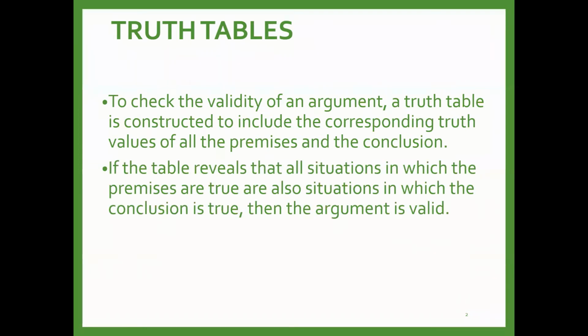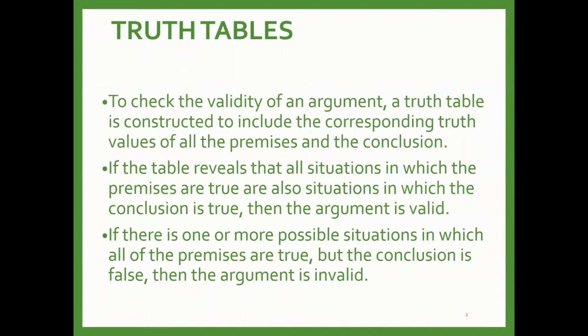We'll see that as we develop a table. If the truth table reveals that all the situations in which the premises are true are also situations in which the conclusion is true, then we have a valid argument, and the truth table demonstrates that. That fits our definition of validity.